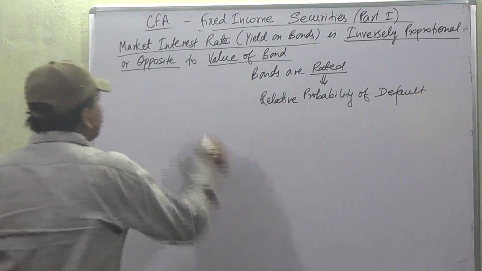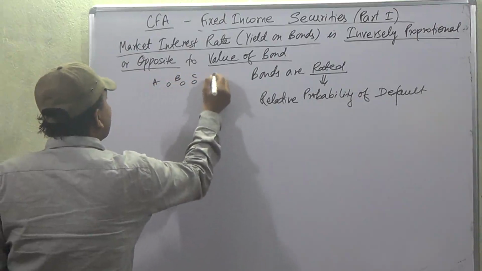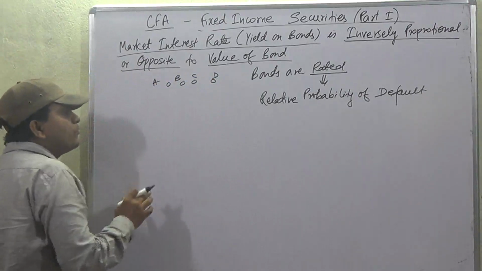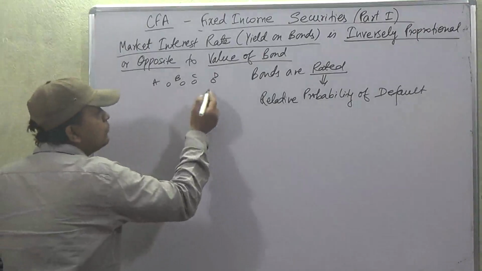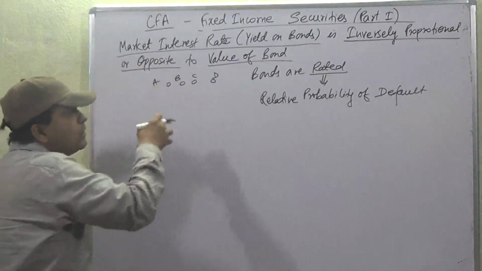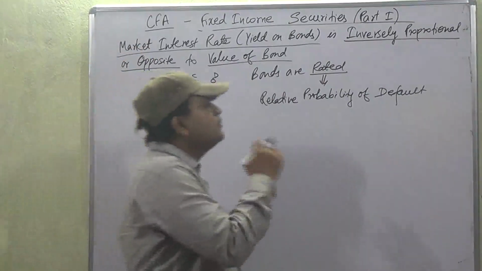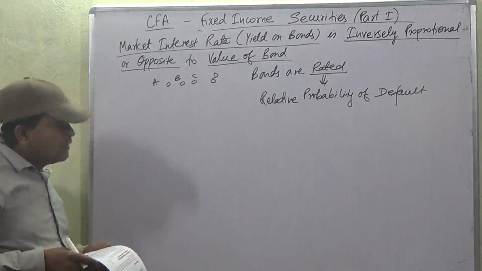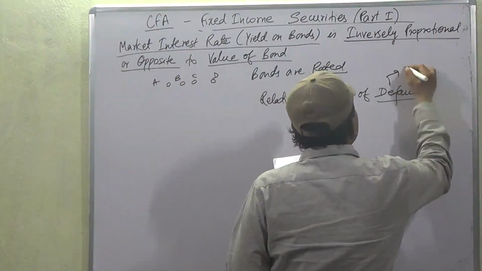Let us suppose there are 4 bonds, A, B, C, D. Now, what is the probability of failure of bond A, bond B, bond C, and bond D? We compare each and every one and find the relative one, which is better, which one has the lower probability of default. That is known as relative probability of default. Default means non-repayment.